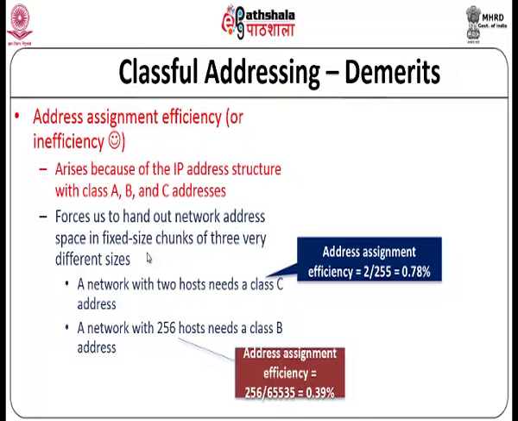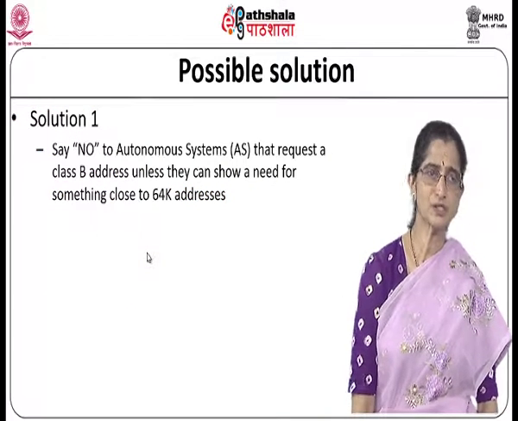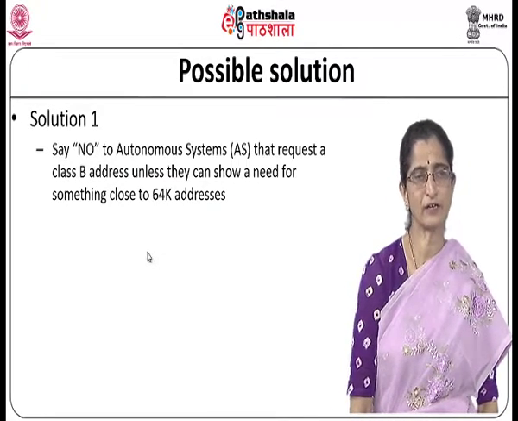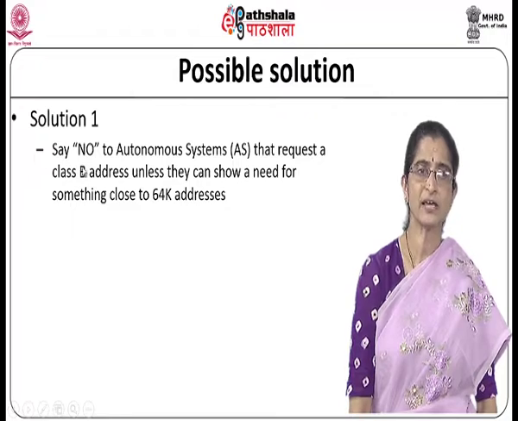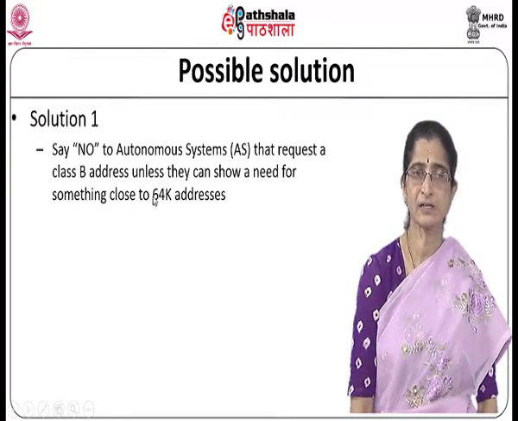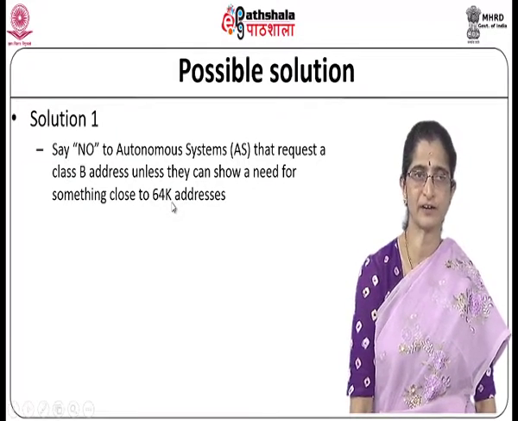This is a problem that the entire internet world was facing. So what is the solution that people came up with? One of the first solutions, a kind of brute force solution, is that if anybody asks you for a class B address, even though they are not really close to 64,000 addresses, you do not grant them one.